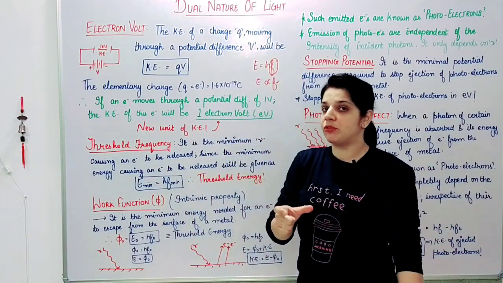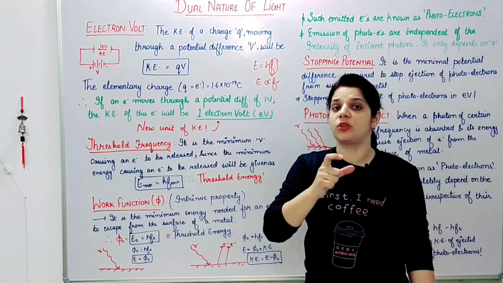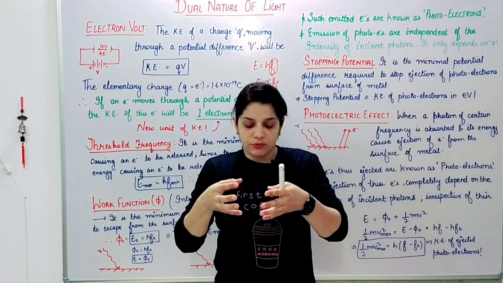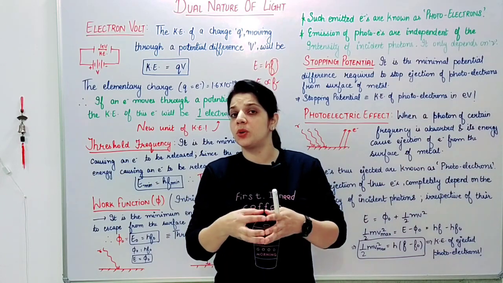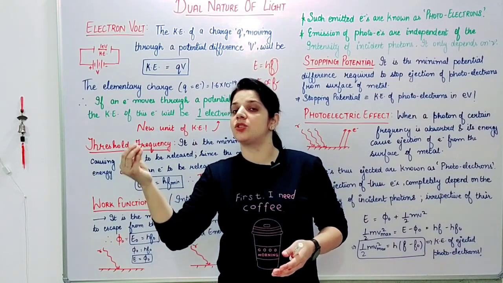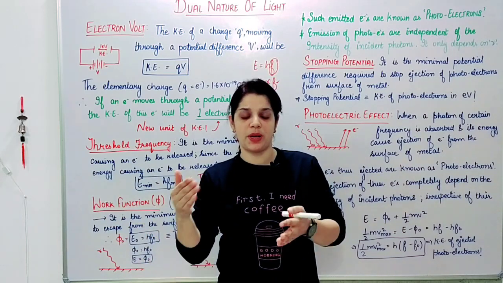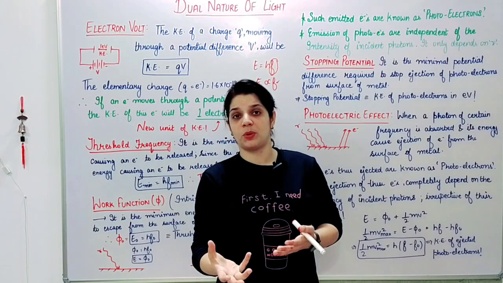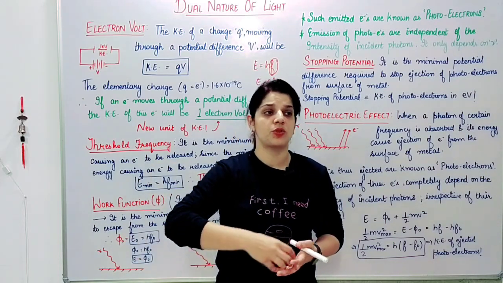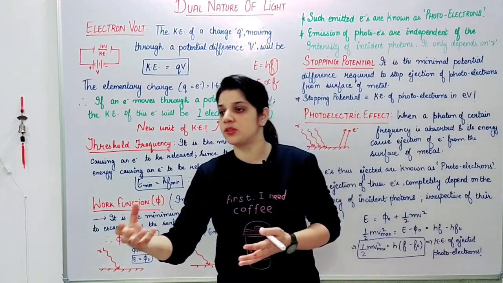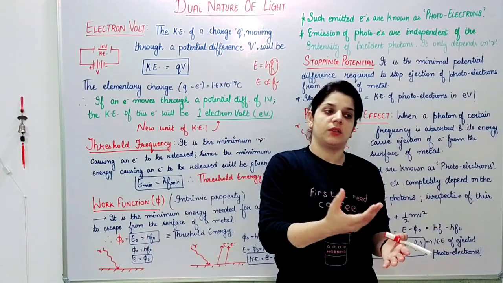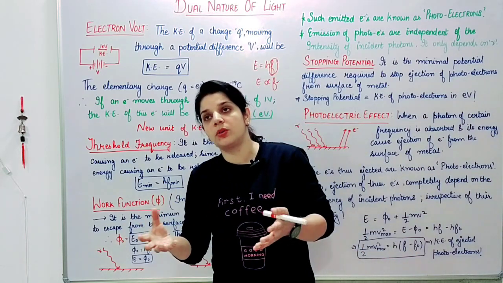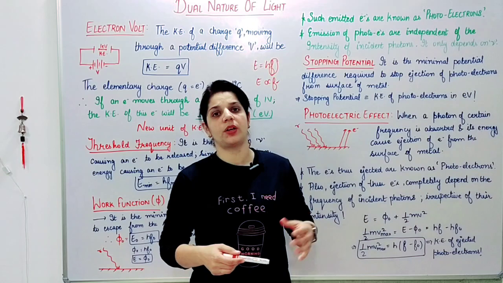For any process in this world to happen, there is a certain minimum energy required of the corresponding form, and this minimum amount is known as the threshold frequency, threshold energy, threshold wavelength, threshold speed. Like you can say the escape velocity, which we talk about whenever we are launching a rocket.